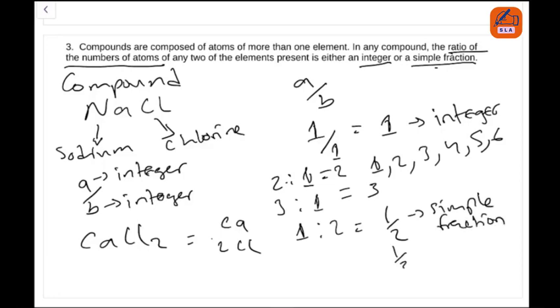Same can be 1 over 3, or 2 over 5, or 7 over 8, and so on, as long as they're simple fractions. What you cannot have as a ratio, and this will even be used in empirical formulas from Dalton's atomic theory, is a ratio of 1 to 1.389. See, this is not possible in Dalton's atomic theory.